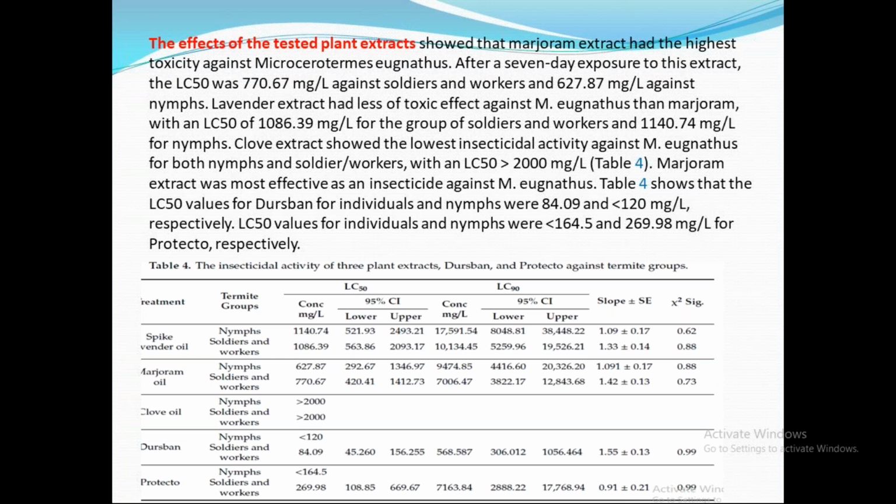So we can see the huge effect of chemical pesticides compared to plant extracts, but also we can see that marjoram oil had the highest toxicity against termites.